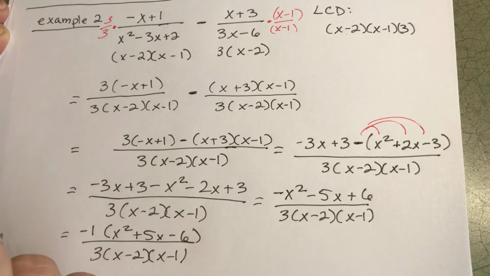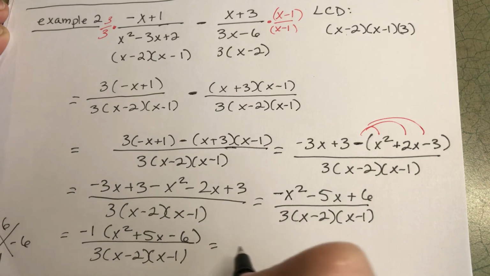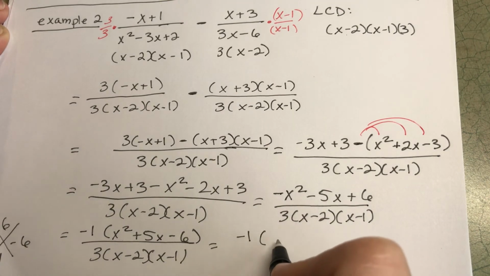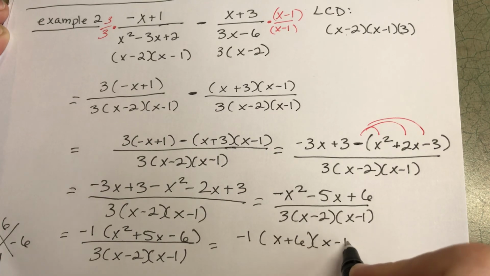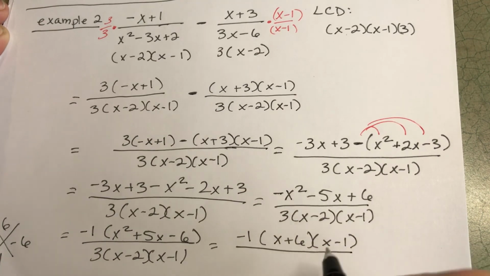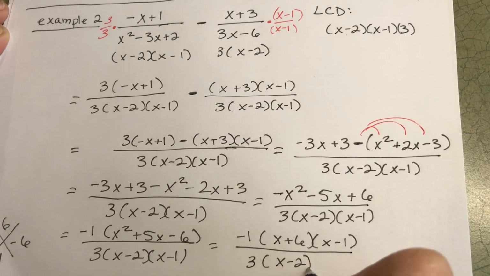And then I'm going to factor this. So 5 and negative 6 is going to be positive 6 and negative 1. So this is negative 1 times x plus 6 times x minus 1 divided by 3 times x minus 2 times x minus 1.